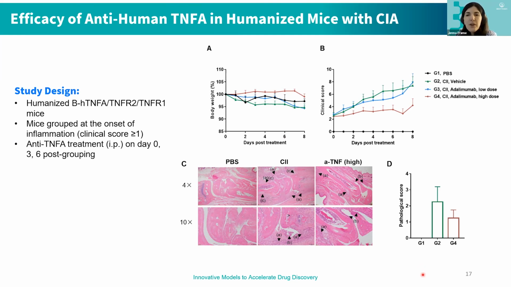The clinical score of these mice, which again is related to the joint swelling, is significantly improved with the higher dose of the drug, as shown by the red lines, when compared to collagen 2 alone, which is shown in green. Histologic examination of the joints indicates that the high dose of the drug was able to reduce severity of inflammatory cell infiltration and other phenotypes when compared to Col2 alone, resulting in an overall improvement of the pathology score shown here in the bar graph.